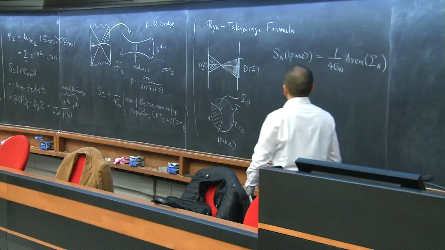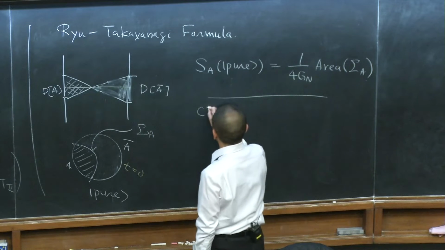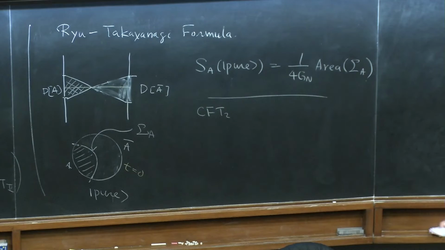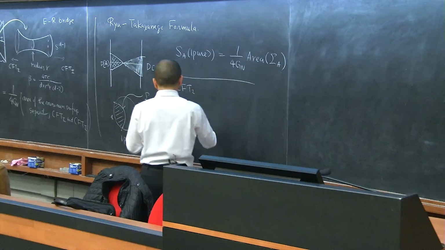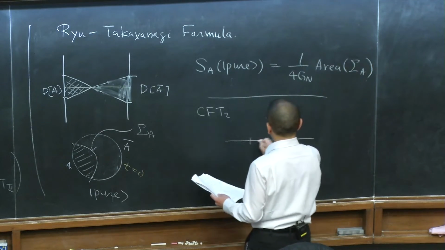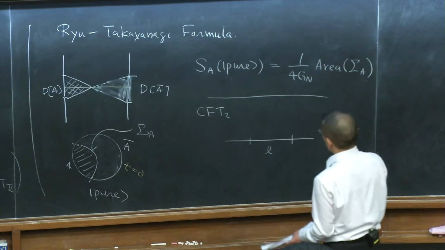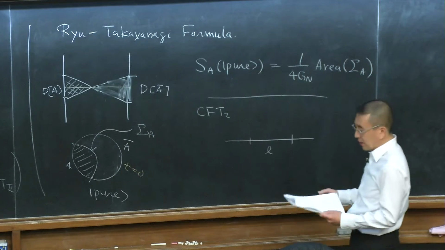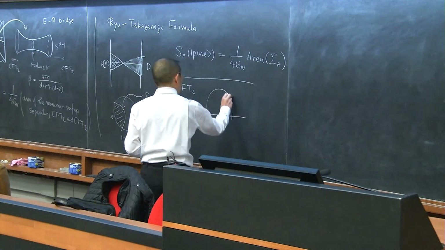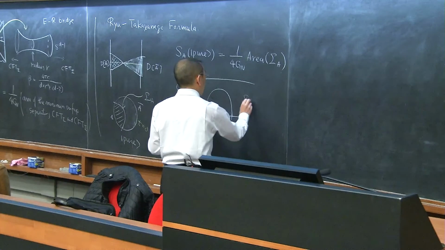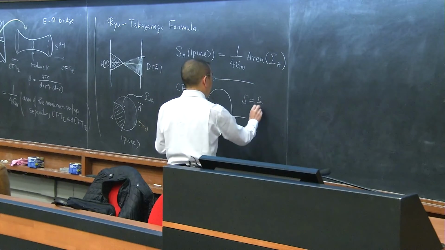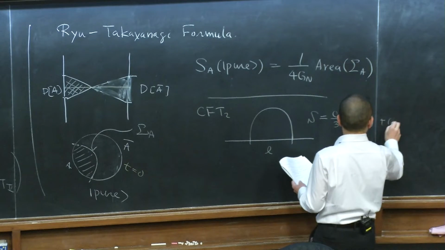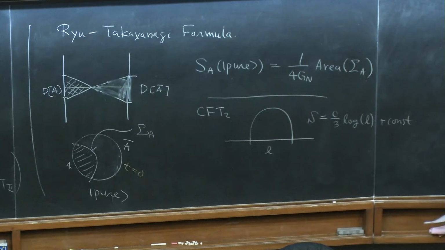For example, I mentioned in CFT2 we have this formula by Calabrese and Cardy that I mentioned the other day, where, so it's a 1 plus 1 dimensional conformal field theory. So if you consider a boundary region with length L, then the entanglement entropy is given by this plus a constant. So this is what I mentioned the other day.